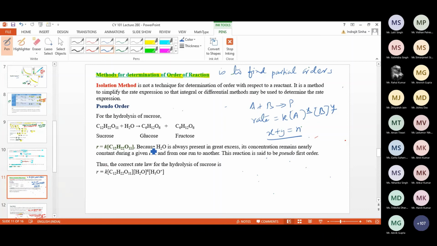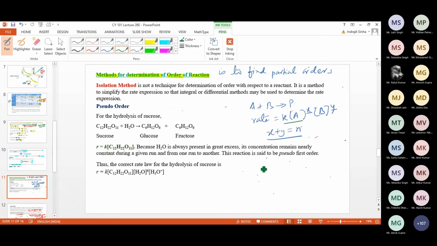It cannot. But it can simplify the problem. So what it does is it reduces the rate expression which you have written like this here. Suppose you have written this particular expression.